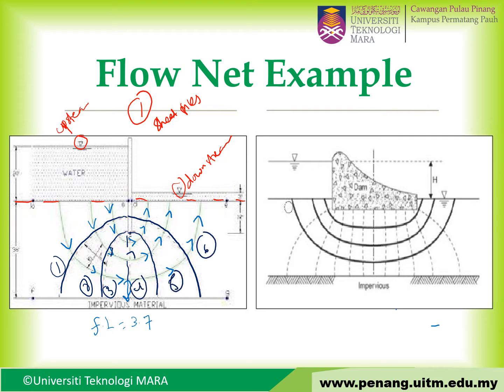So the equipotential drops number 6. Another one is you have to know the H. H is the head from the upstream to the downstream. For example here, 20 minus 3, so H is about 17. That first example is for sheet pile. Another example, the second one, is a concrete dam.